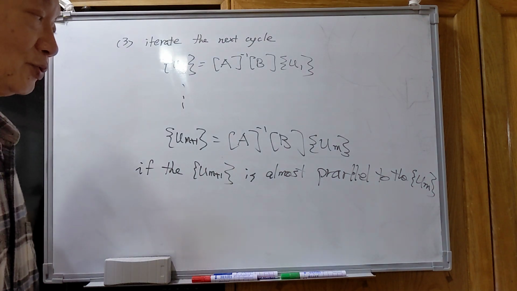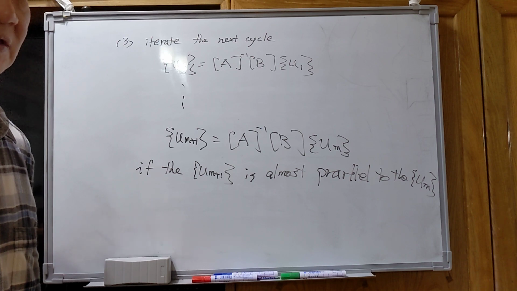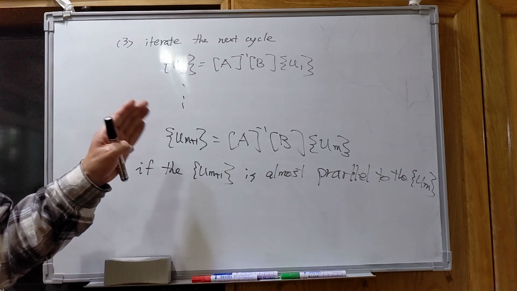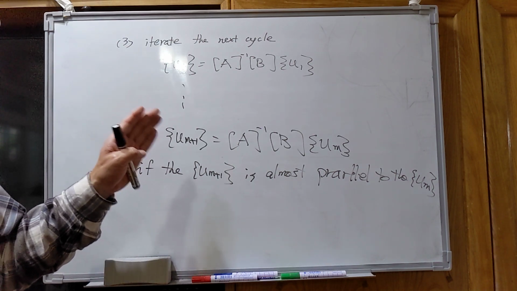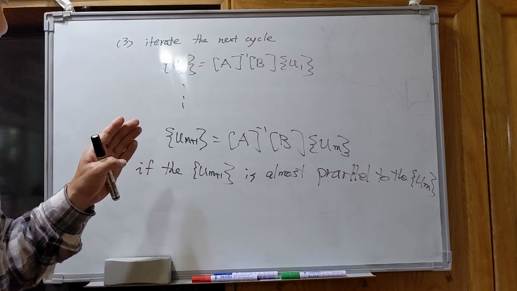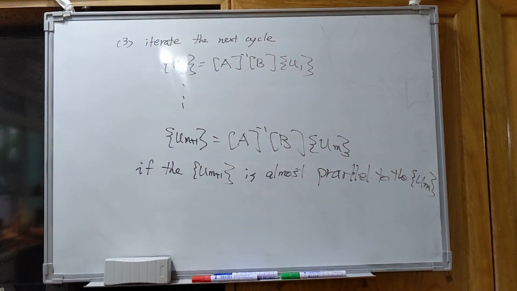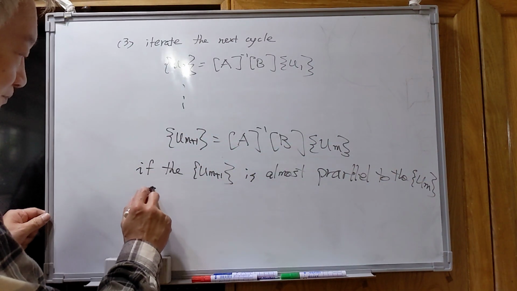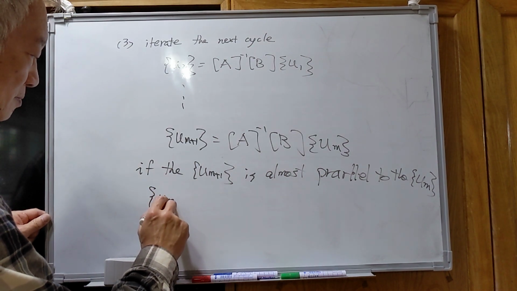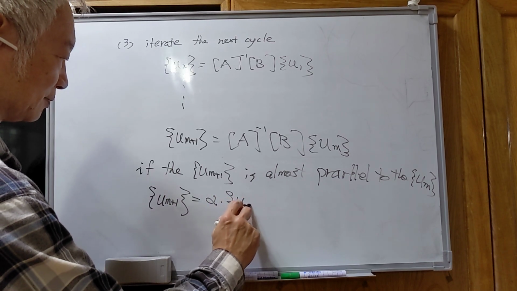And if you don't do any modification for the obtained vectors, then you need to check whether the newly obtained vector UM plus 1 is almost parallel to the UM. So it means it is almost equal to alpha times UM.